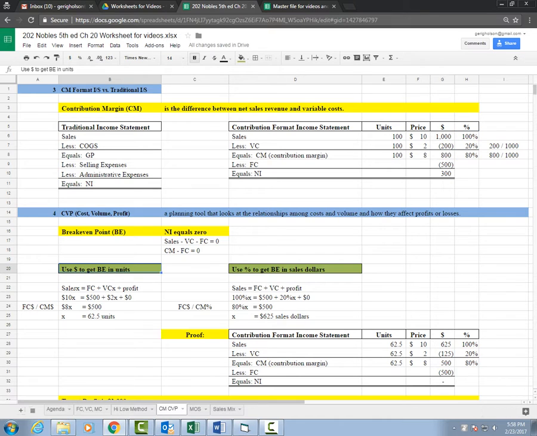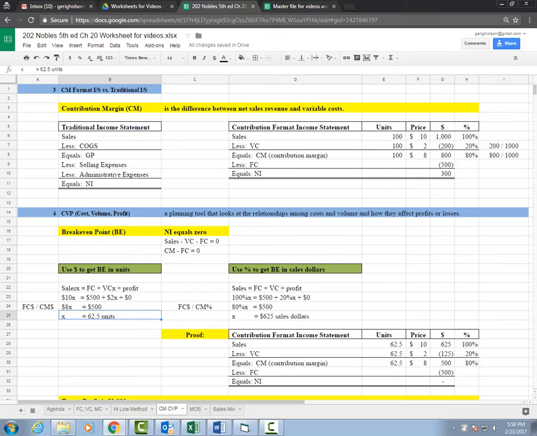Okay, so let's use dollars first. So my sales price is $10 per unit, my fixed cost is $500, my variable cost is $2 per unit, and my profit at break even is 0. So take the 2, subtract it from both sides, we get $8 per unit, which happens to be our contribution margin, and $500 fixed cost. So 500 divided by $8 is 62.5 units.